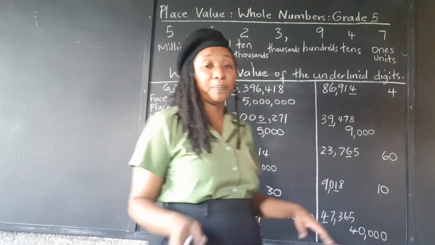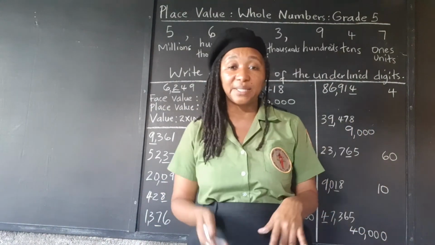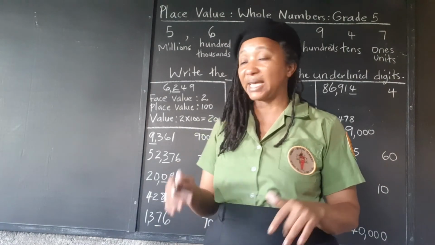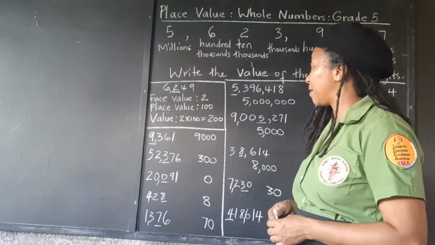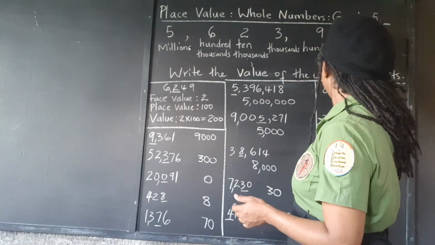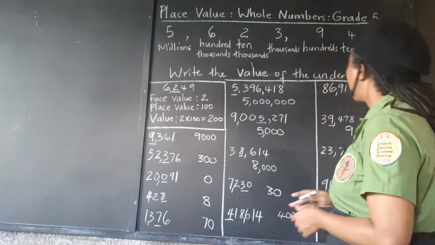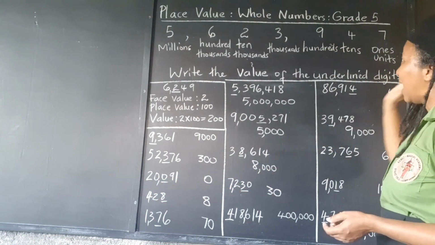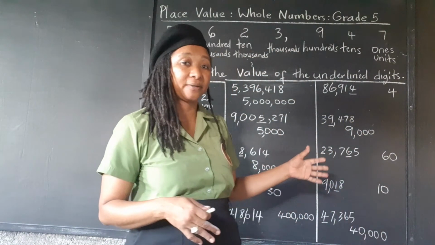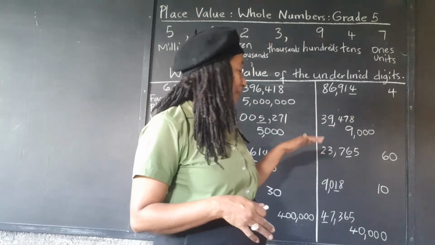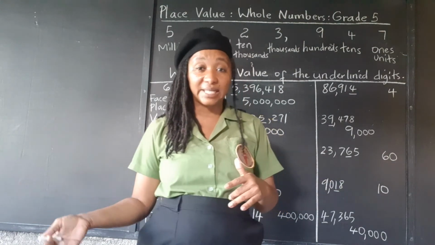Right? That's our place value system for whole numbers. Remember, our system is a decimal system. It's a base 10. Deci means 1/10. It's a base 10 system, and so our places are in powers of 10. As you go further up, you will understand we can write the place values as the face times a power of 10.